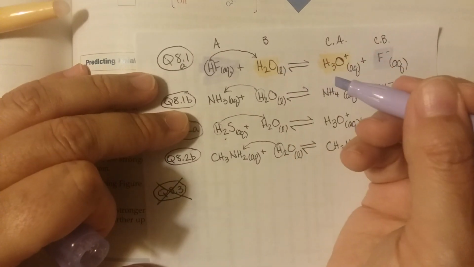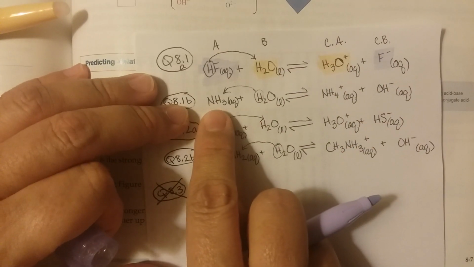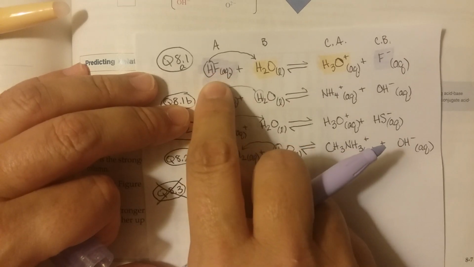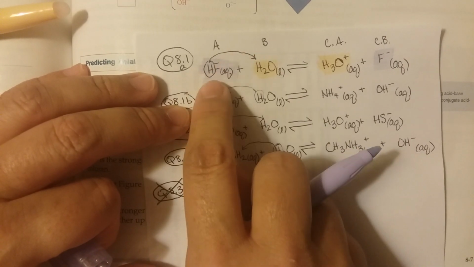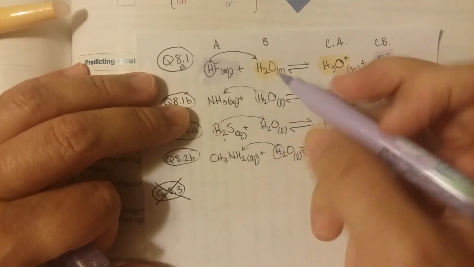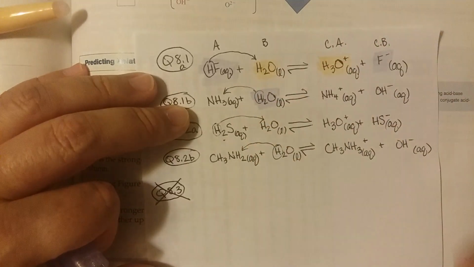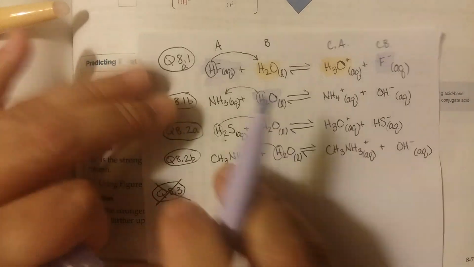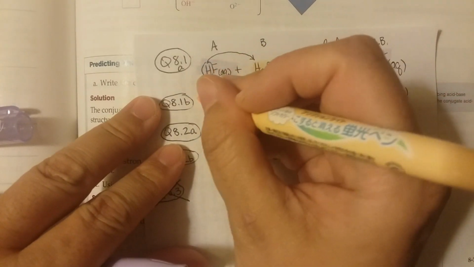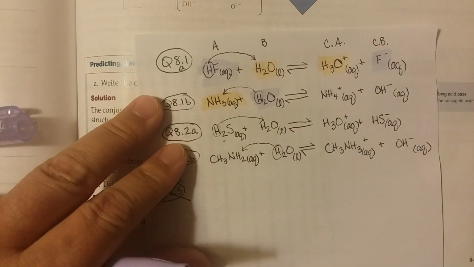Okay, so here we've got, here we had a species giving away a hydrogen, so that was our acid. Here we've got something giving away a hydrogen, so that was our acid, which means that this is our base.